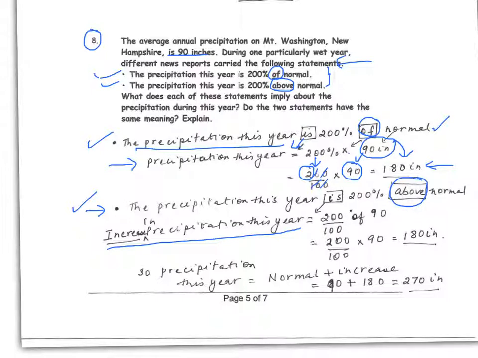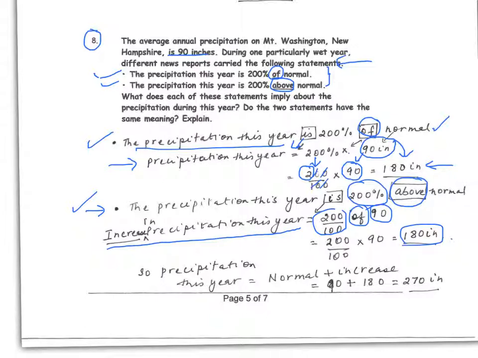So what this 200% tells us is about the increase. So the increase in precipitation this year is 200%, that is 200 over 100 of 90. So that's 200 over 100 times 90, that's equal to 180 inches, just like before.